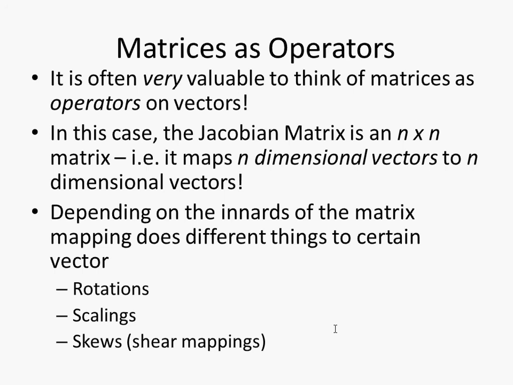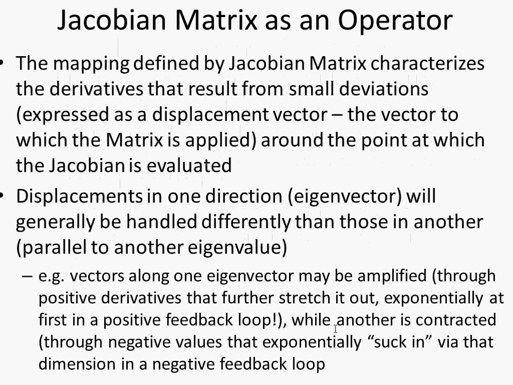Okay, so the Jacobian matrix is this operator, and it gives you the derivatives for each of the state variables, s dot, I dot, etc. These result from small deviations around the point where the Jacobian is evaluated, around the fixed point. Displacements in one direction will generally be handled differently than others, and we're going to see where eigenvalues come in.